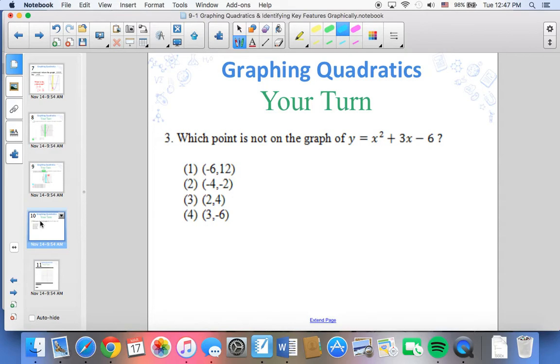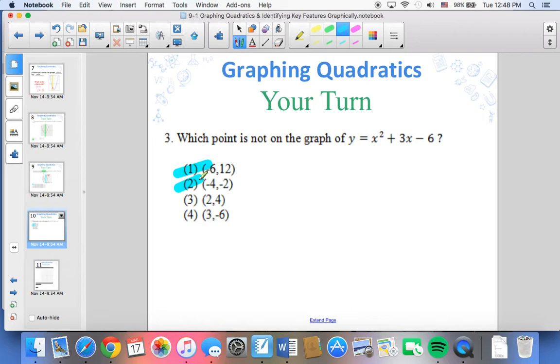So the first choice is (-6, 12). So I'm going to scroll using my up and down arrows until I get to -6, and I see that (-6, 12) is a point on the graph. So I'm not going to pick that because they said which is not. So now let's go to -4. (-4, -2) is a point on the graph, so I'm not going to pick that one. Let's go to 2.